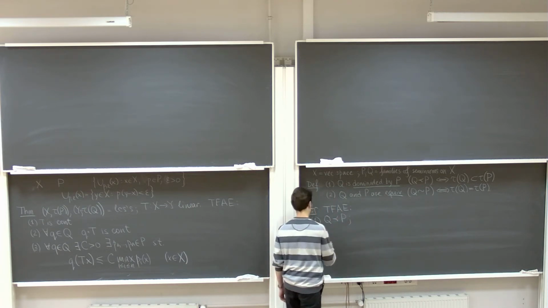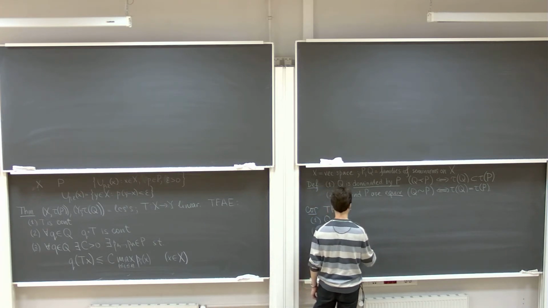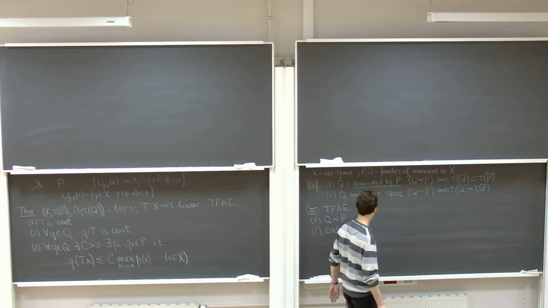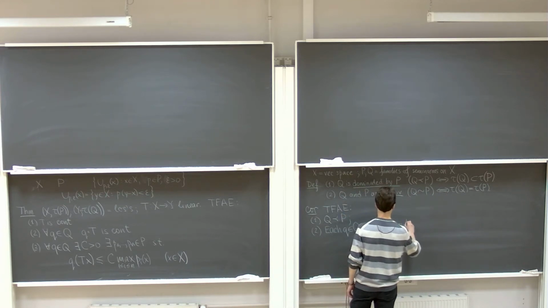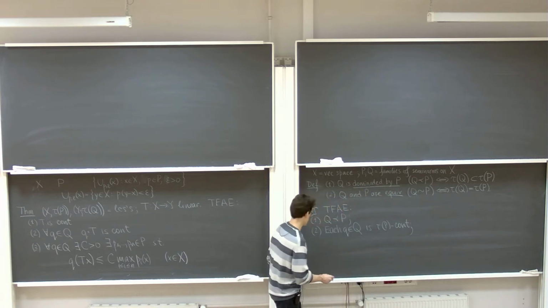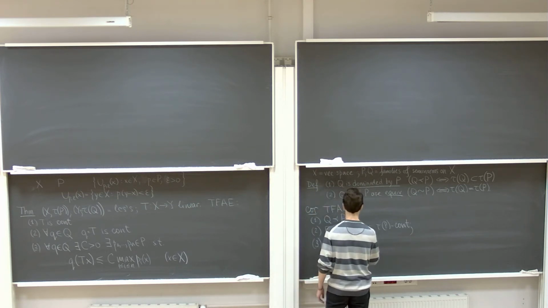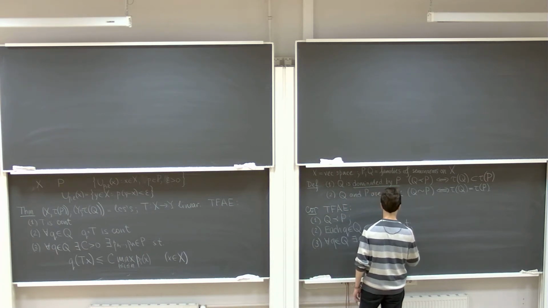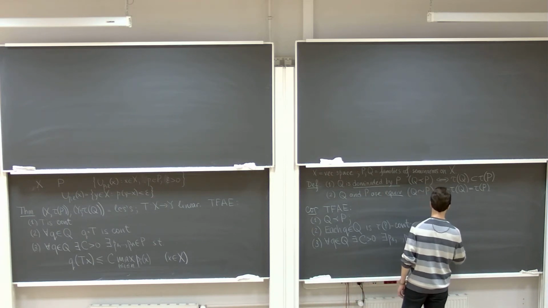Condition 2, each seminorm q in the family Q is continuous with respect to the topology generated by P. And condition 3, for each seminorm q in the second family Q, there exists a constant and a finite set of seminorms from P, p_1 to p_n, such that the following inequality holds.